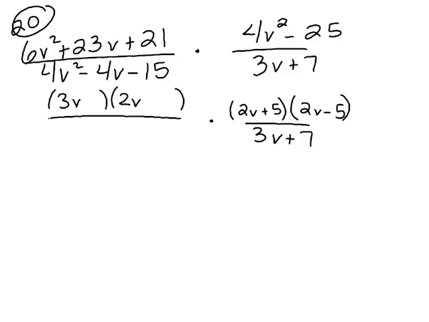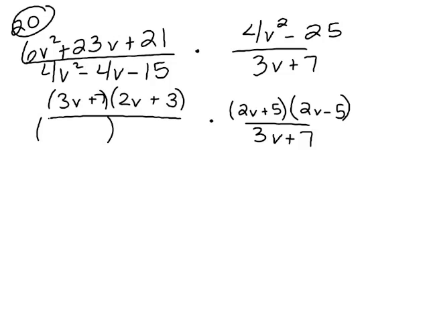So if I do a 3v plus 7 and a 2v plus 3 in my first set of brackets, can I make that work? So I would have 3v times 2v, there's my 6v squared. If I have a 7 here and a 3 here, that will give me plus 14v plus 9v. So there's my 23v and my plus 21.